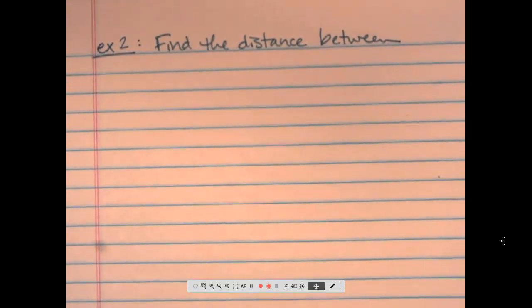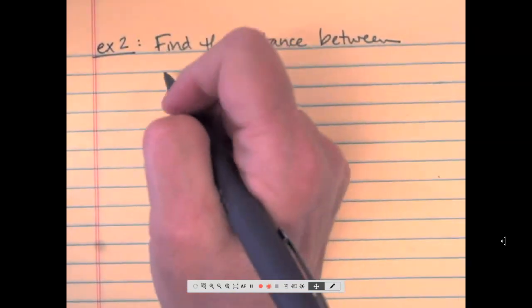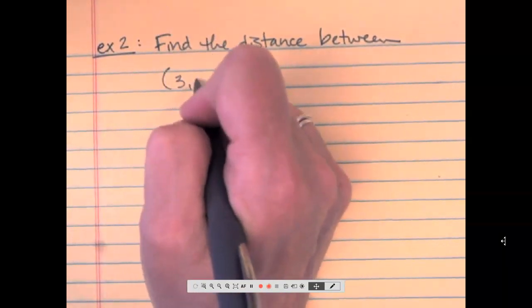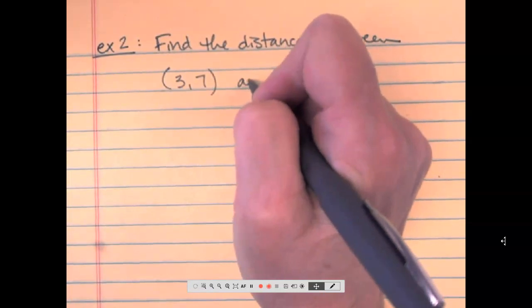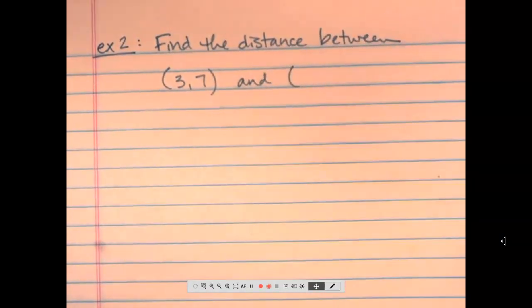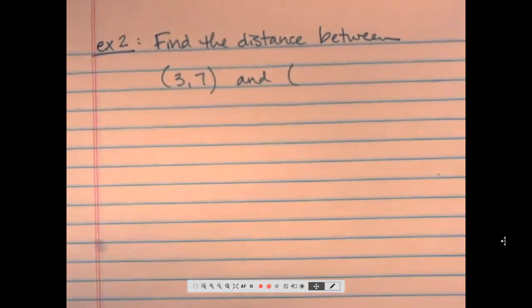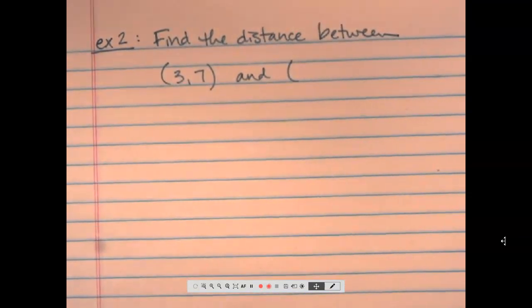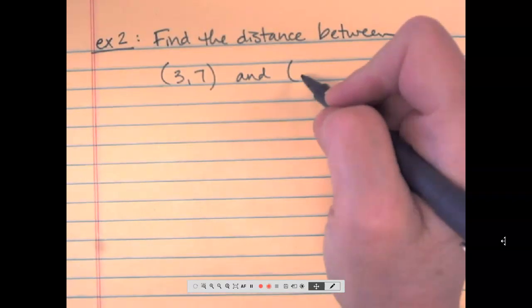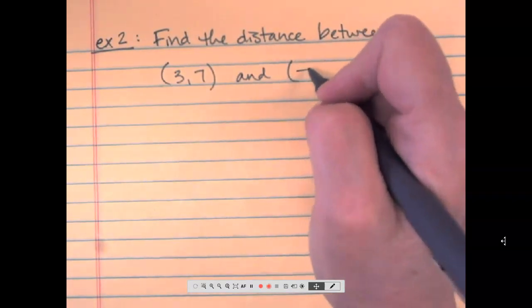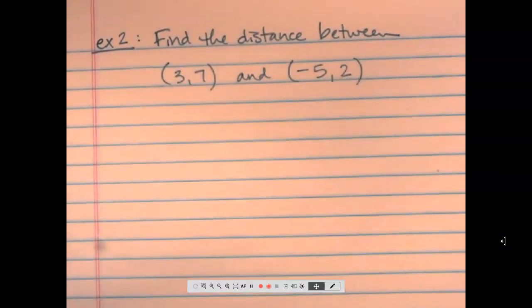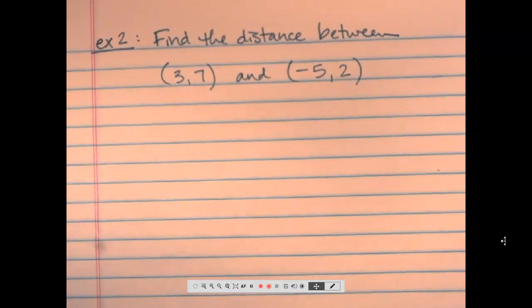Preston, give me an ordered pair of two integers. 3 and 7. Okay. Sophie, give me an ordered pair of integers with at least one being negative. Okay. All right. So they have provided the ordered pairs. You're going to use your distance formula to find the distance.